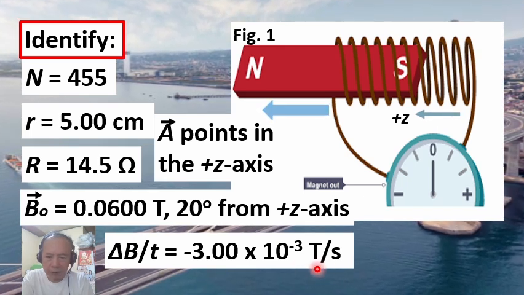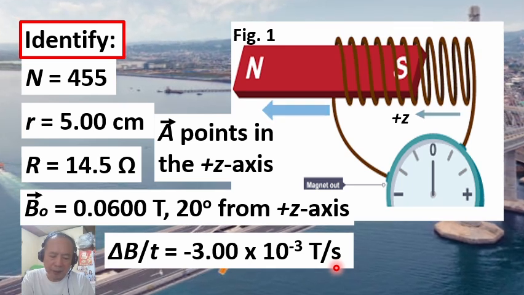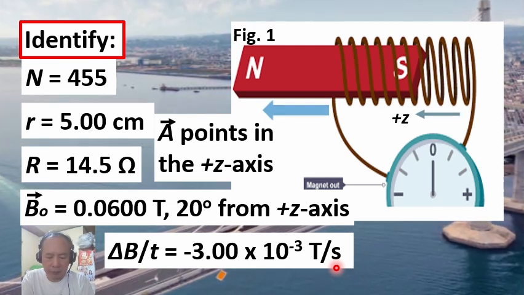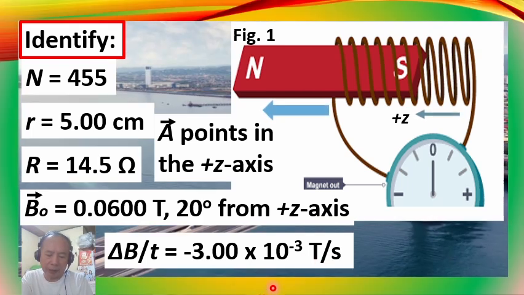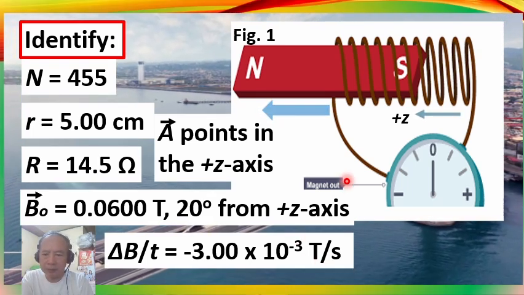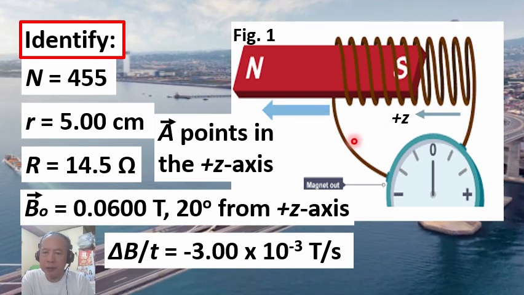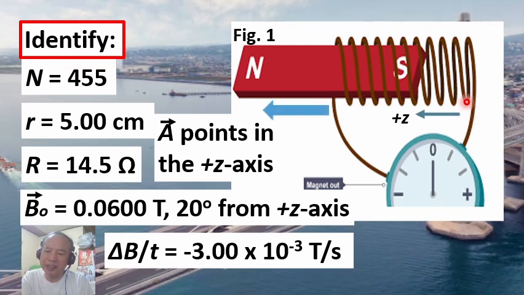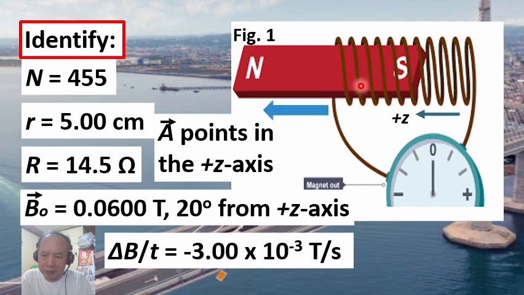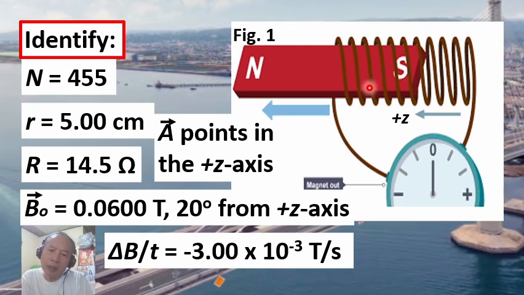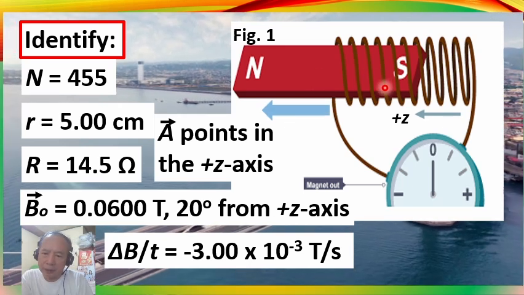We say that a changing magnetic field induces an electromotive force, or EMF, as well as an induced current in the coil. The coil is understood to be at rest while the bar magnet, which is the source of the external magnetic field, is being moved.